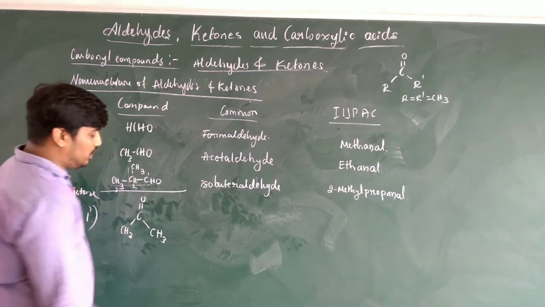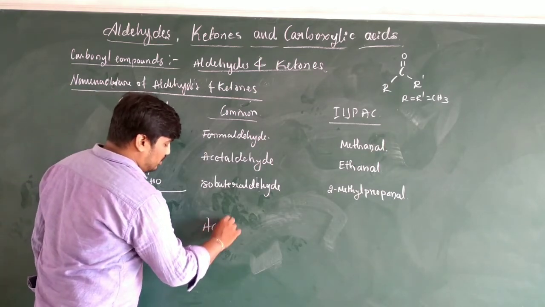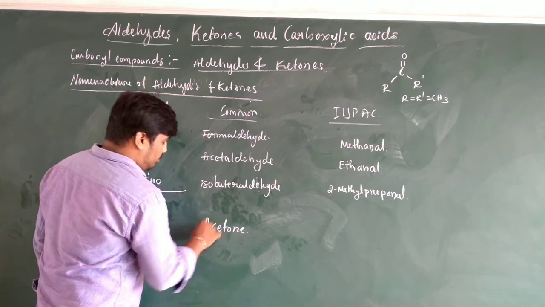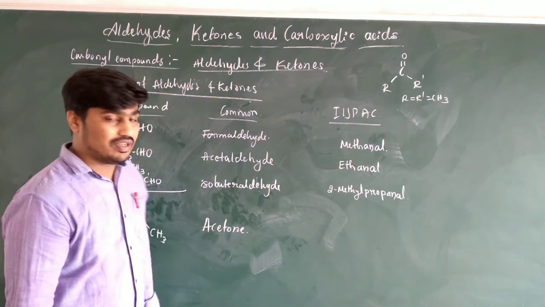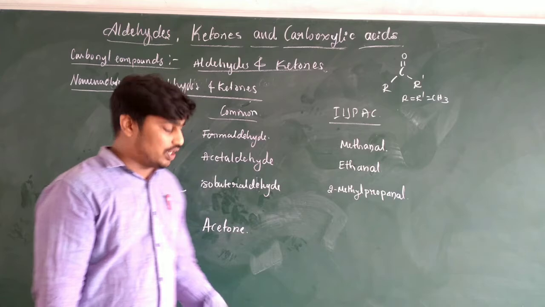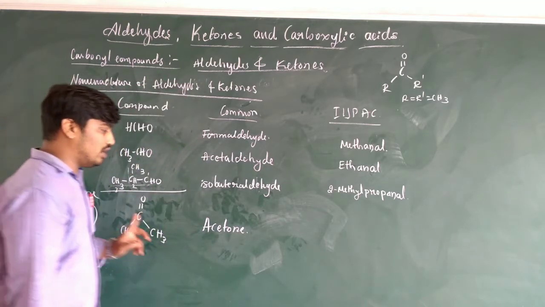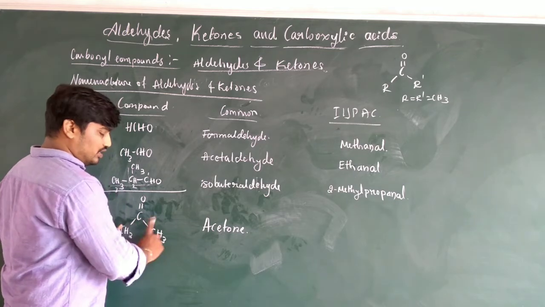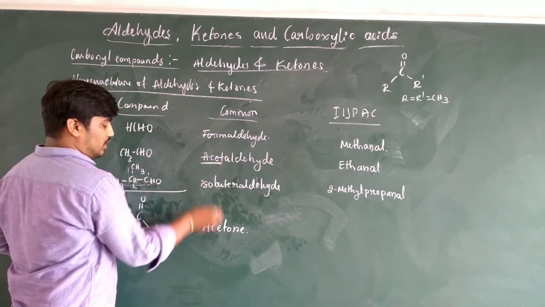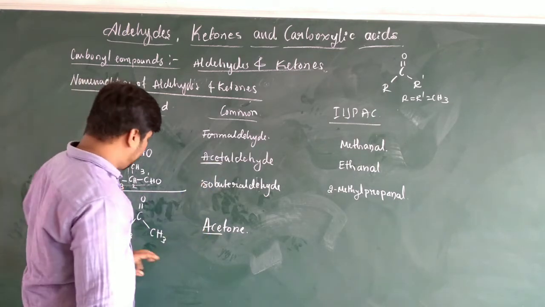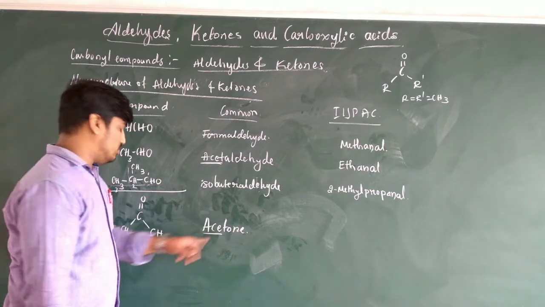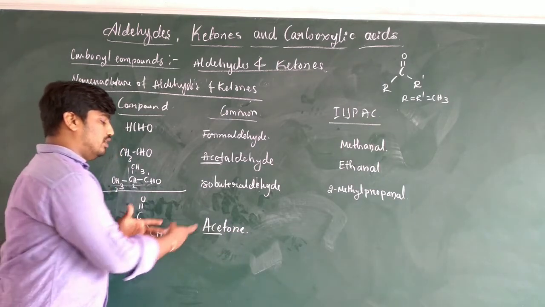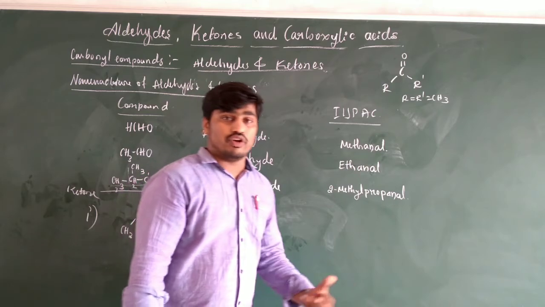The common name of the ketone is a very general or famous name. It is acetone. Acet because CH3 is attached, correct? Acetone, one because of ketone. That is the common name.